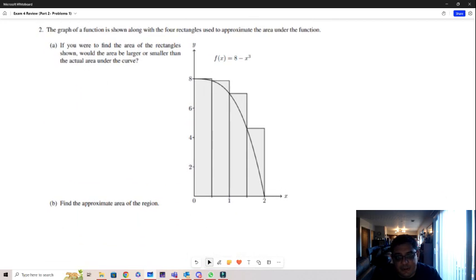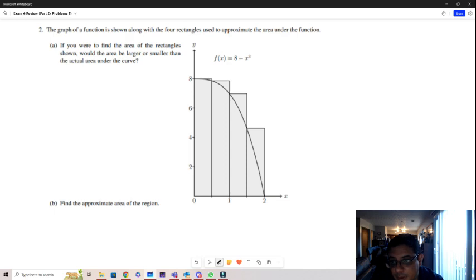Now number 2 is approximation of the area. Here we have the function 8 minus x cubed, and we want to approximate with these 4 rectangles.